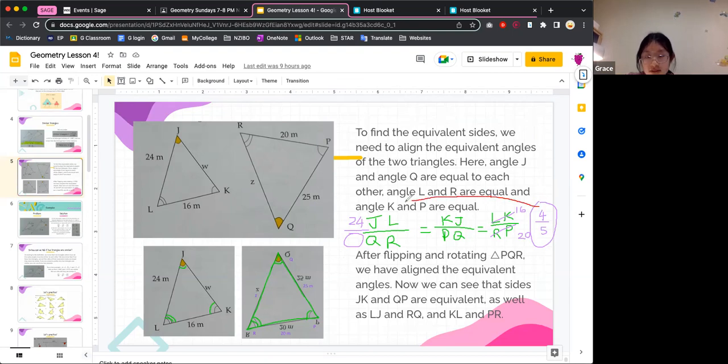To get from 4 to 24, we had to multiply by 6, right? When we do equivalent fractions, we want to do the same thing to the top and to the bottom. So to the bottom, we would do the same. What would that get us if we multiply by 6?